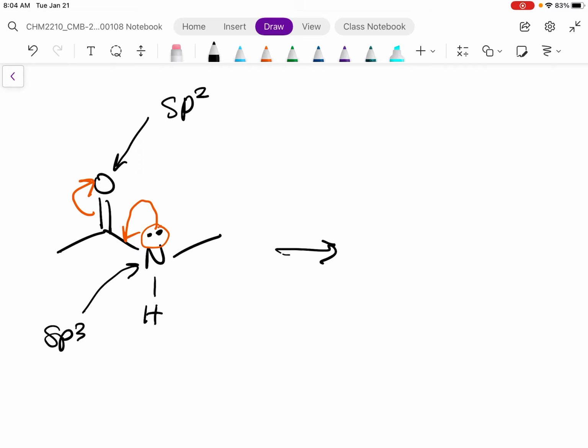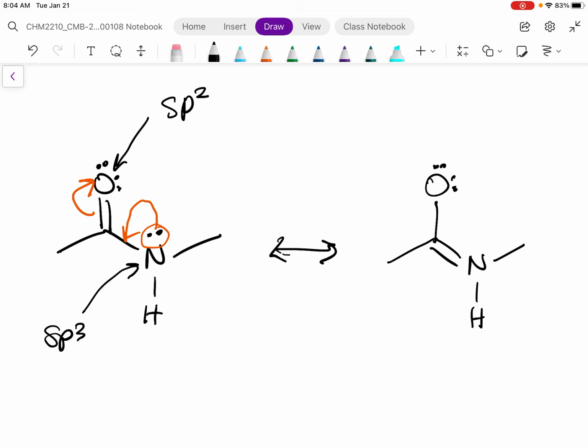And so when we draw the resonance structure, follow those orange arrows. What is it saying to do? It's saying we're going to put a double bond there. We broke a pi bond on the oxygen. And now, how many lone pairs were already there? There were 2 lone pairs. So those are the original.